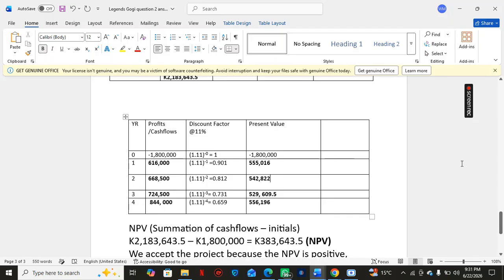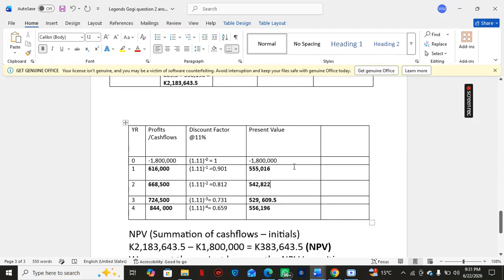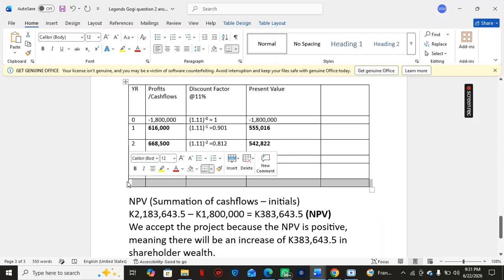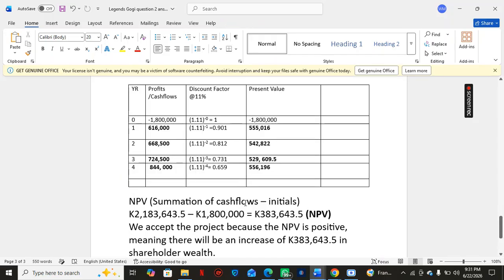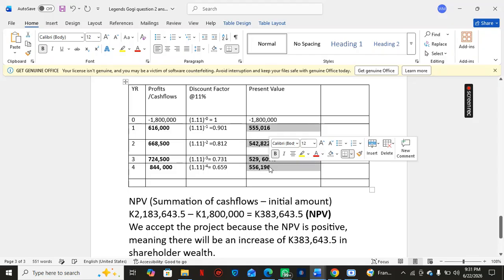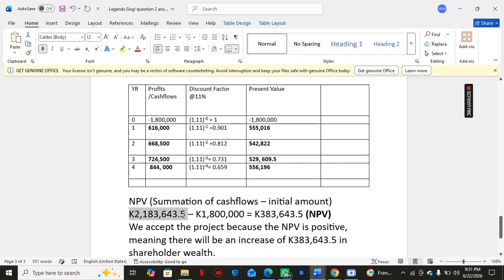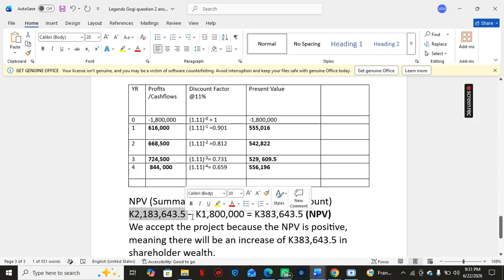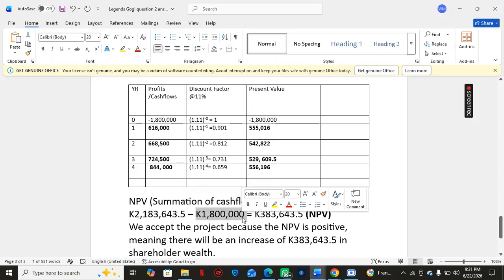Okay, so to get the net present value, you just add these figures. Summation of cash flows minus the initial amount. Here you added first the cash flows to get the total present value, which was 2,183,643 kwacha 50 ngwe, minus 1,800,000.